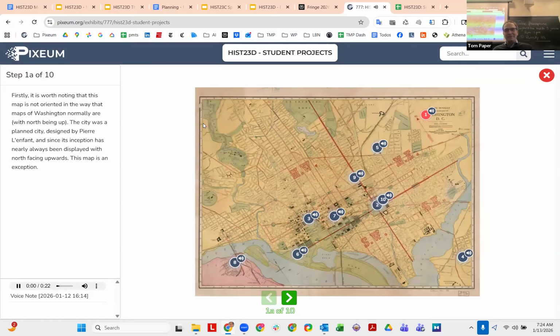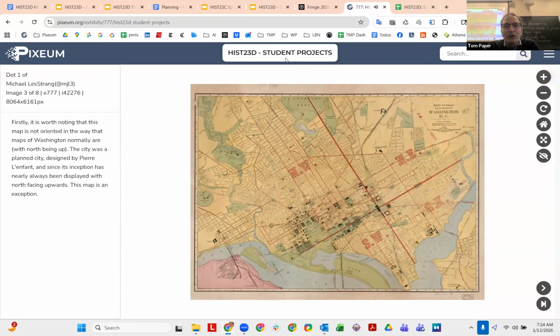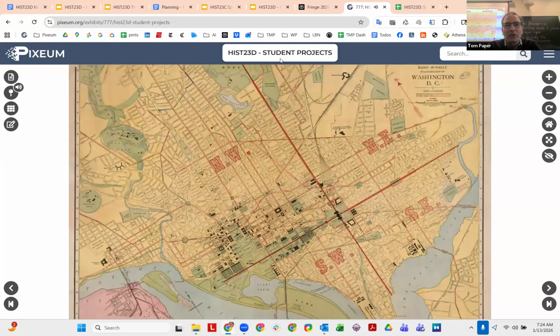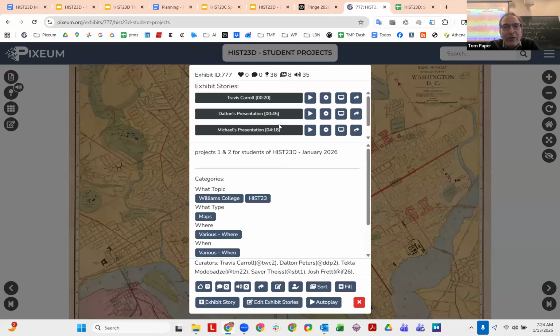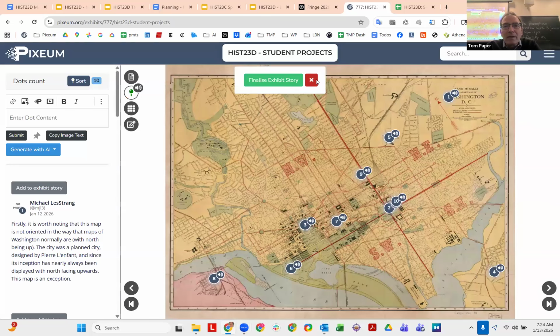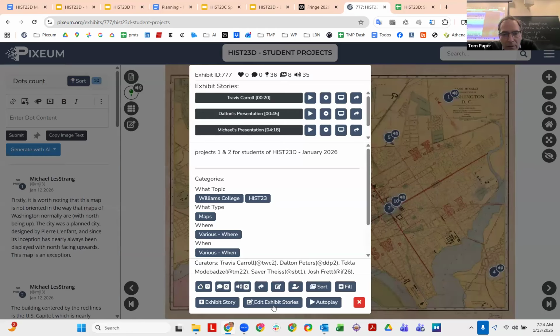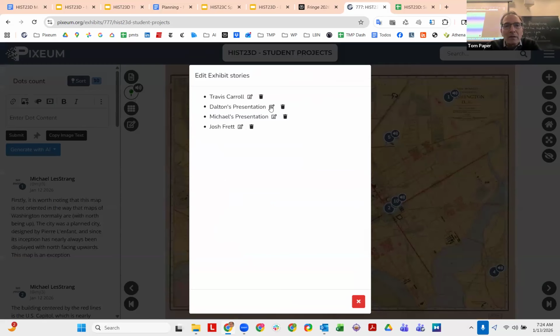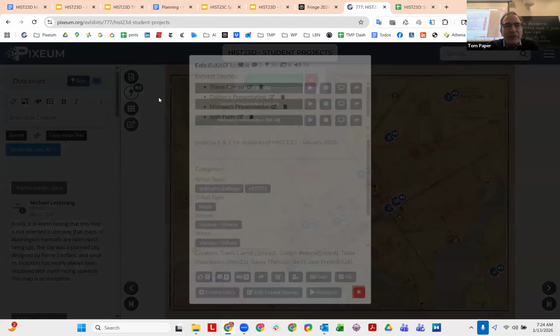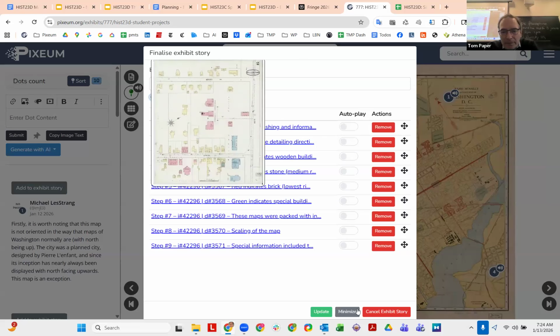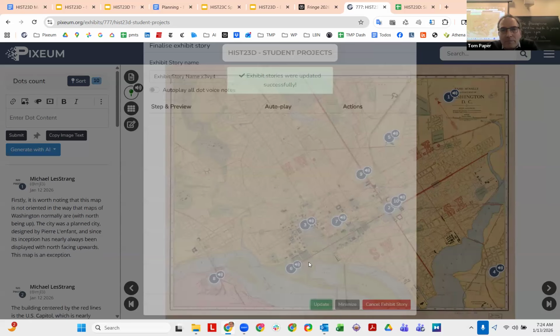It's worth noting right off the bat that the map is... Oh, sorry. Josh, can you turn off... Well, actually, I'll do it here. I'm going to be in here in just a second. Can you turn off your... Yeah. You just flip the button here. It's Dalton's.